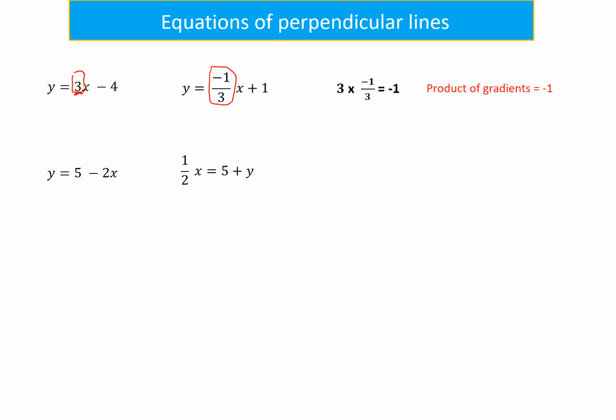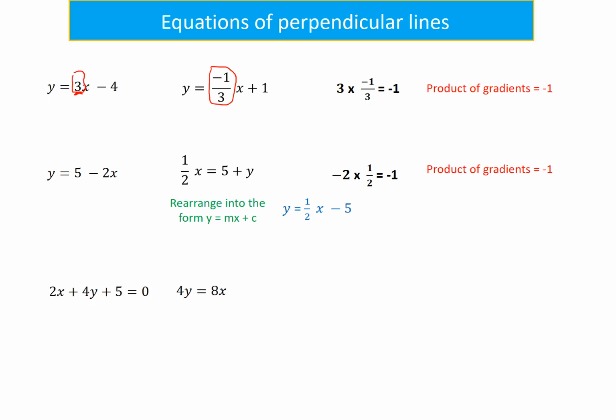And the next pair, again, the same thing. Remember that sometimes you may need to rearrange the equations, but I know that the first gradient is minus 2, the second gradient is a half. So the product of the gradients is minus 1.